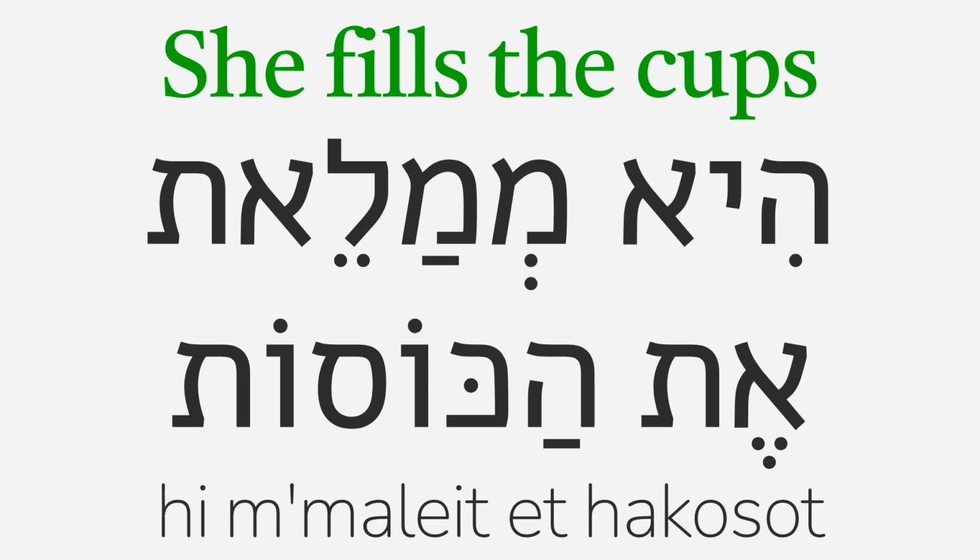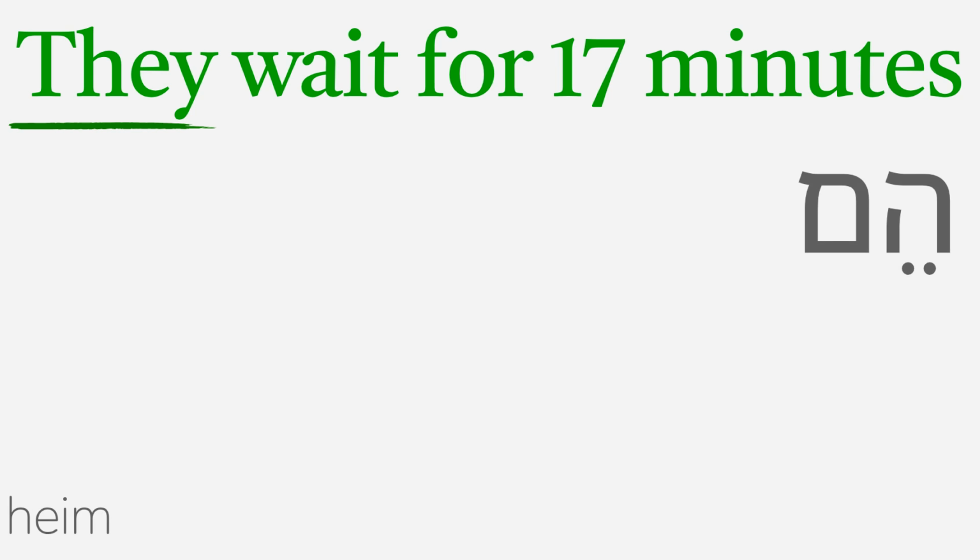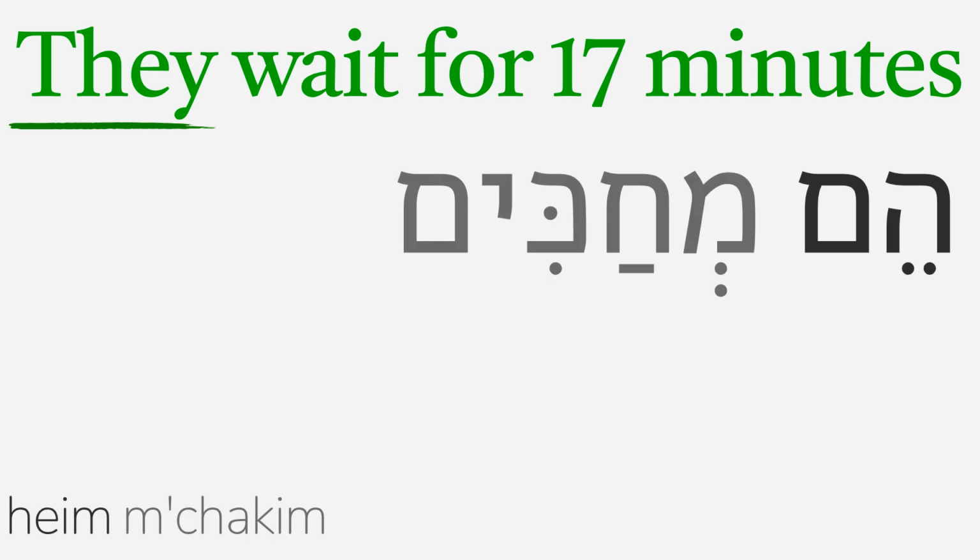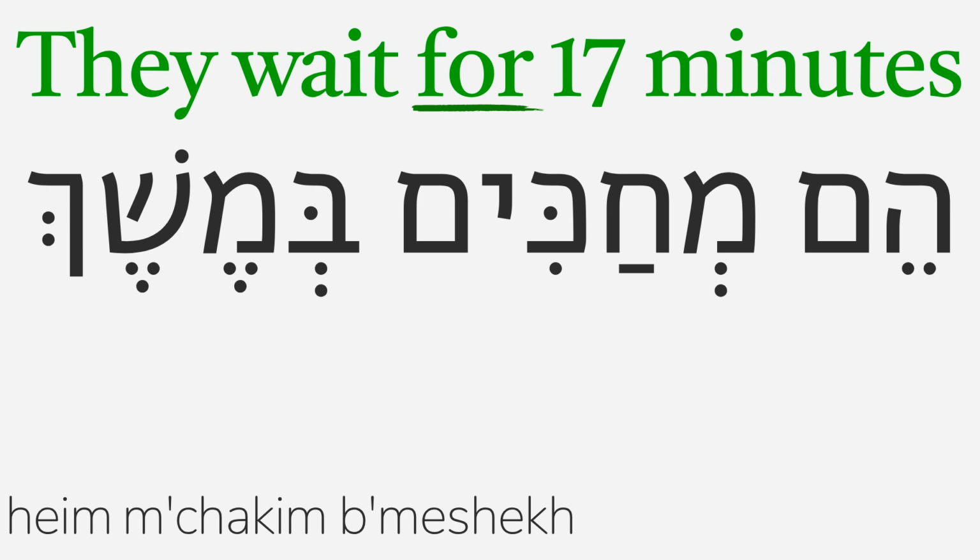Let's end today by saying, they wait for 17 minutes. They can be the masculine heim, which needs the masculine plural form of the Piel present tense, machakim. Wait. For, talking about for a period of time, is b'meshach.